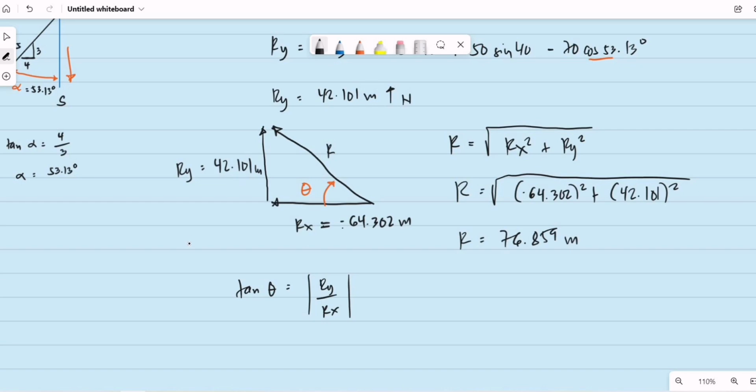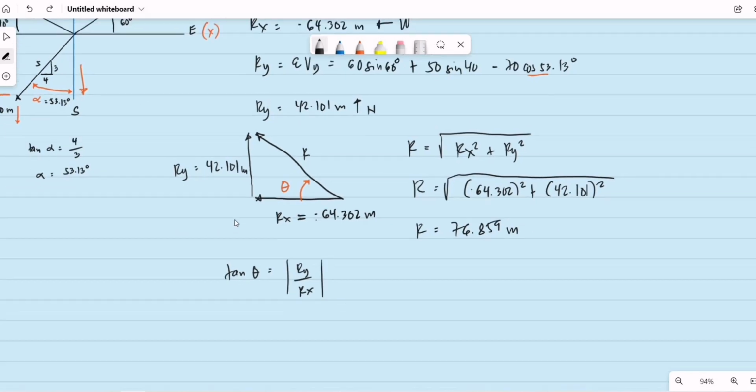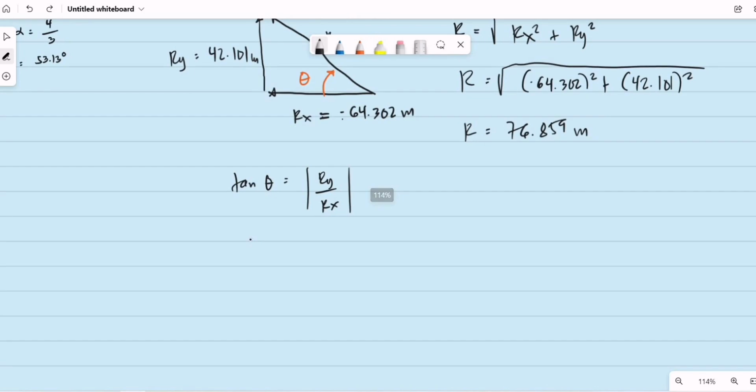As long as we are aware of the direction, we should use absolute values. So the tangent of theta is equal to the absolute value of 42.101 divided by negative 64.302 meters. Or basically, we are just using positive values.